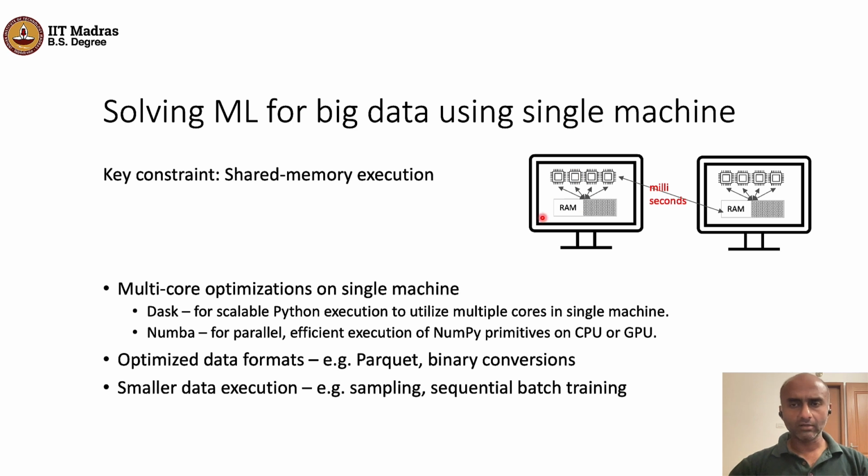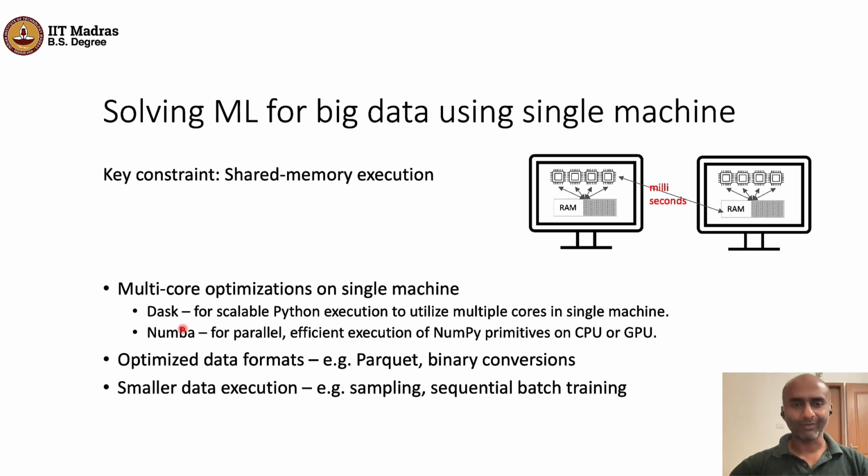Fundamentally, that is hinged on a shared memory model of execution, which means it works great when all the cores are inside a single machine, but the moment you go across the network, it doesn't work because the latencies will kill it, and it could time out, or result in errors which are unexplainable. So Dask is meant for single machine execution. It's a very good option. Numba is also there.